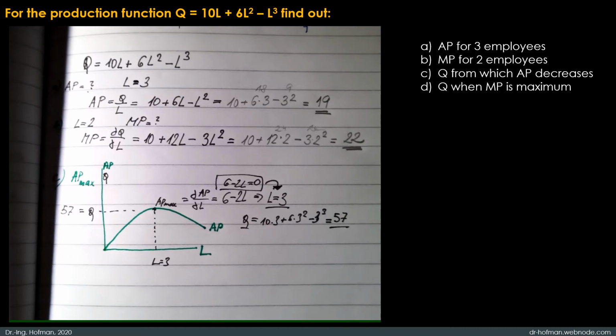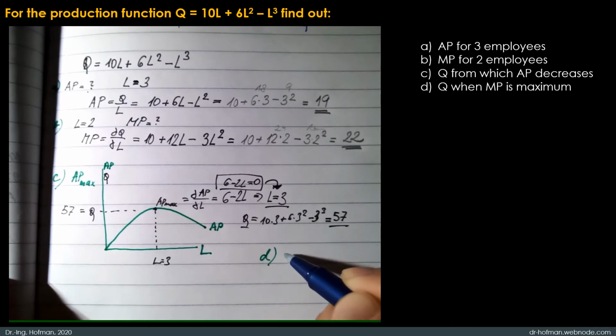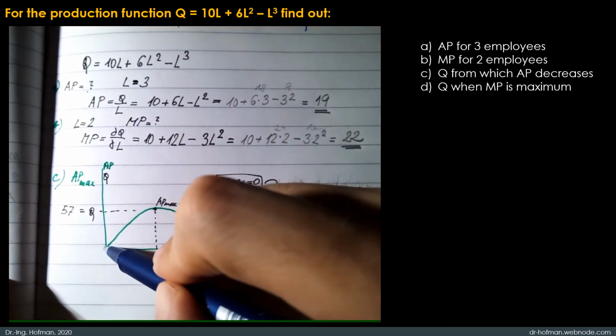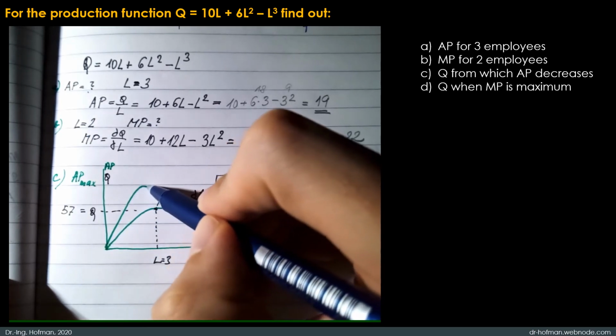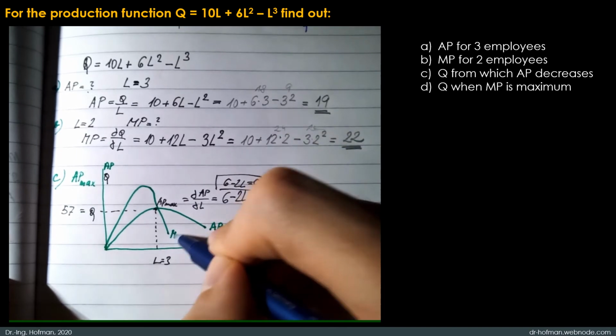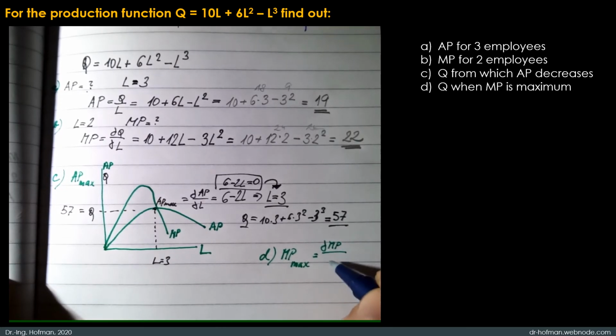Let's go to the last question, D, which asks us about the level of production Q when marginal product is at maximum. So we are searching for MP max. This is the function of marginal product.